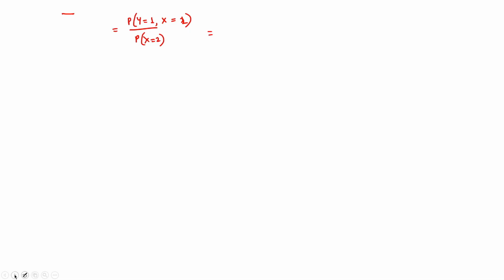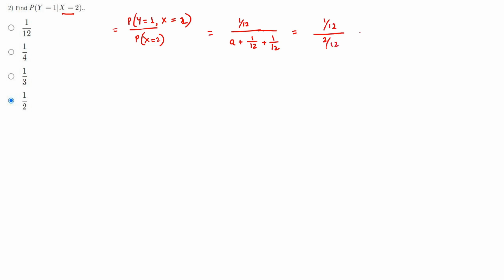We substitute that here, 1 by 12 in the numerator, and p of x equal to 2 is a plus 1 by 12 plus 1 by 12. So we sum the column where x is equal to 2. This is 1 by 12 divided by 2 by 12, so that is 1 by 2. Okay, so next question.